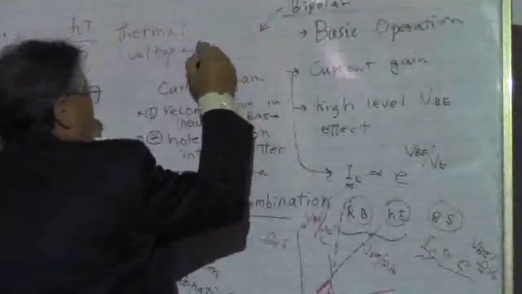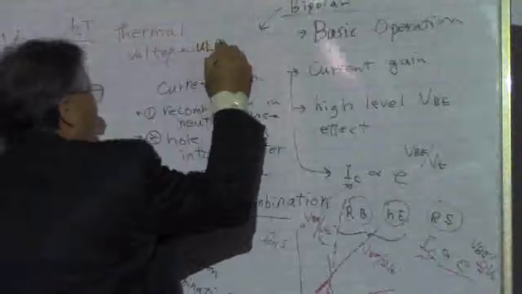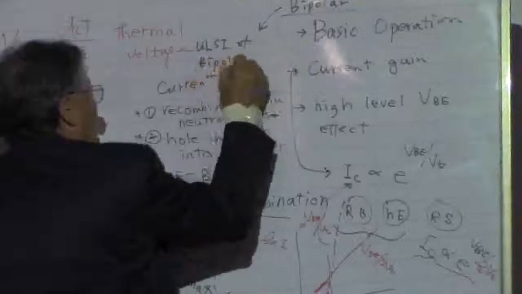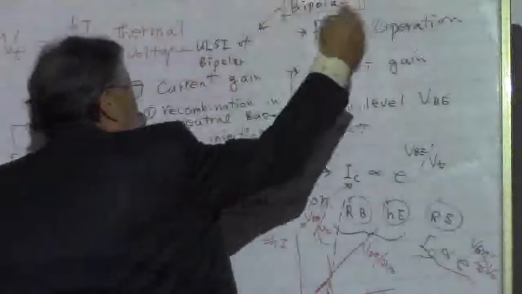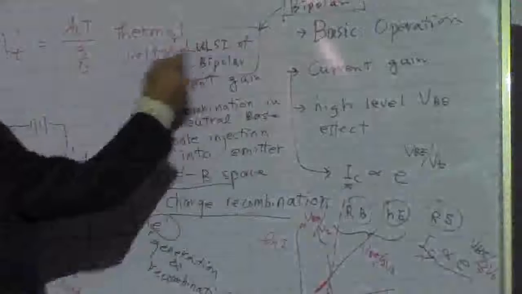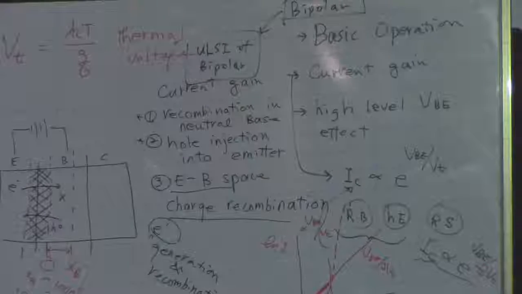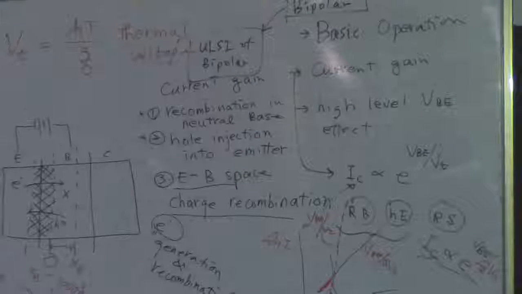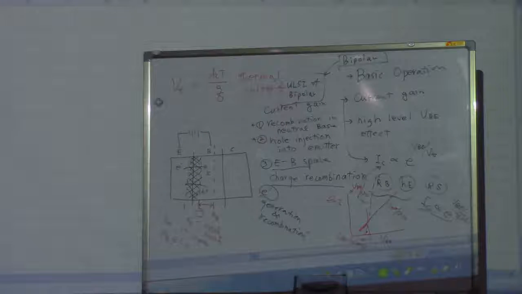And then from next week, we're going to talk about the ULSI of bipolar. We are going to move to the miniaturization of bipolar transistors, and the change in electrical characteristics upon miniaturization is going to be the topic of next week's lectures.